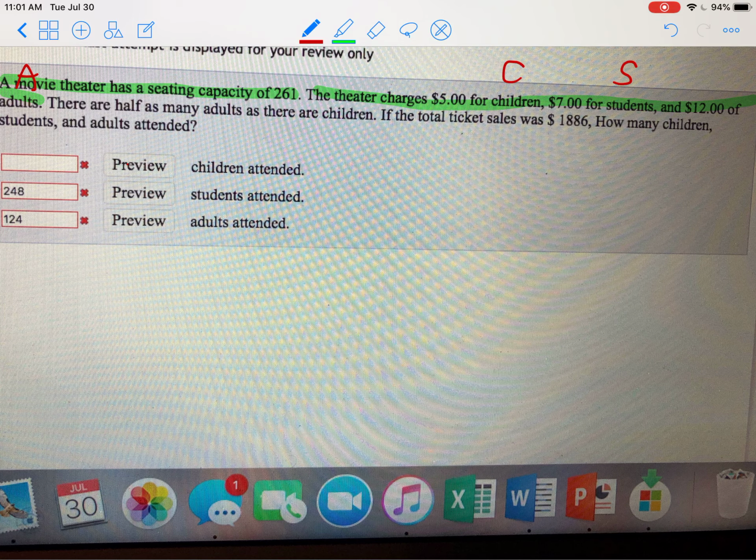So the first equation comes from the first statement about seating capacity. Now, seating capacity should be an inequality, right? Because that capacity is the at most situation. So what we should say is C plus S plus A, that's the total number of children, students, and adults, should be at most 261.